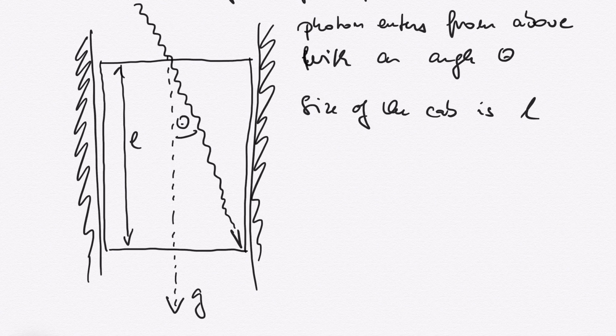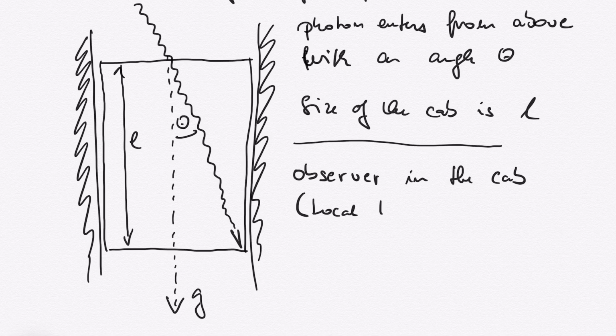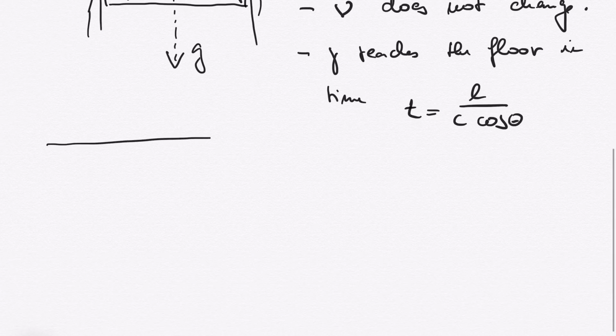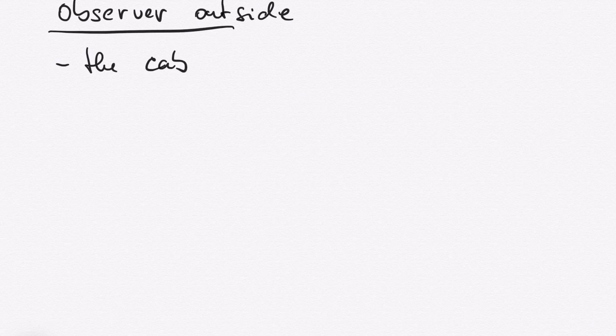The size of this cabin is L, and for an observer in the local inertial frame, so an observer in the cabin, the light reaches the floor in the time which is given by L divided by c times cosine theta. Let's now look at the situation from the point of view of the observer who is outside of the cabin.